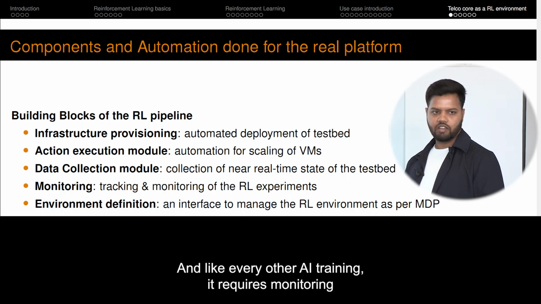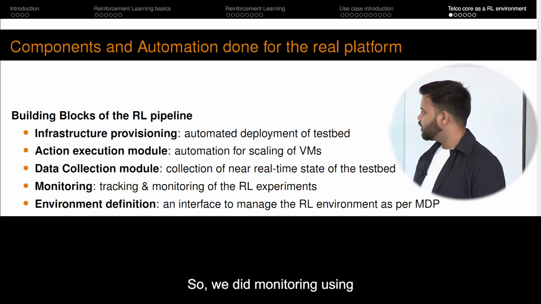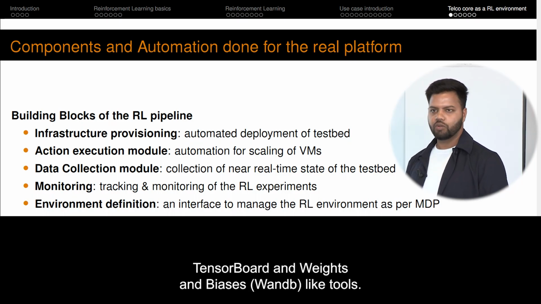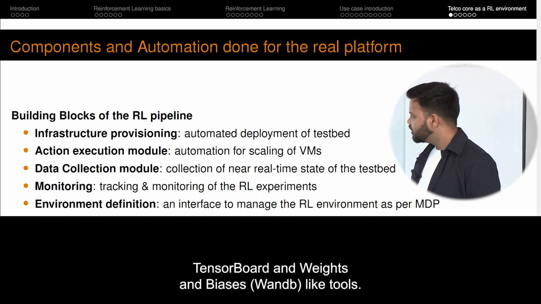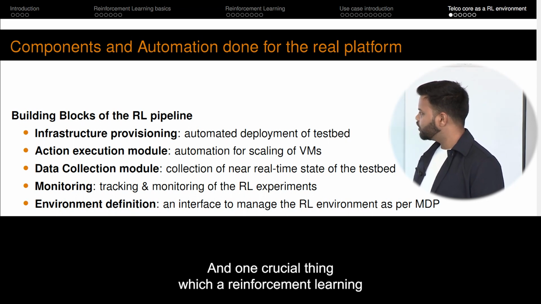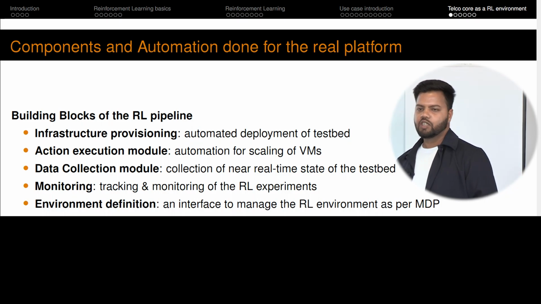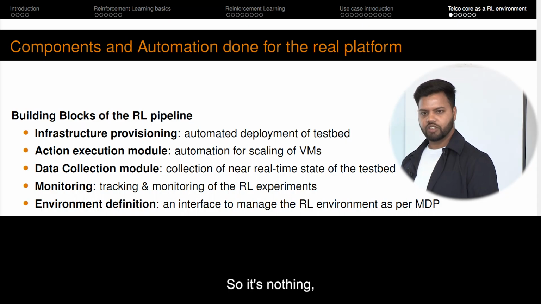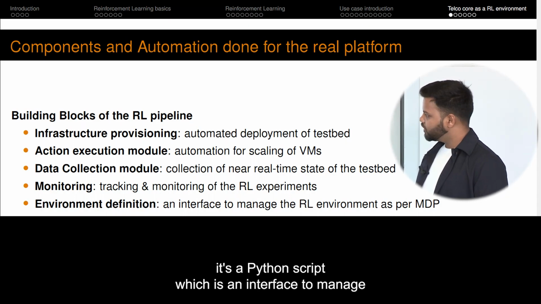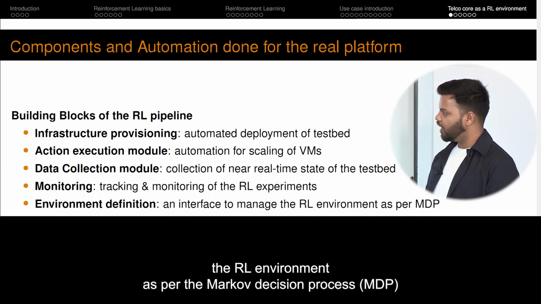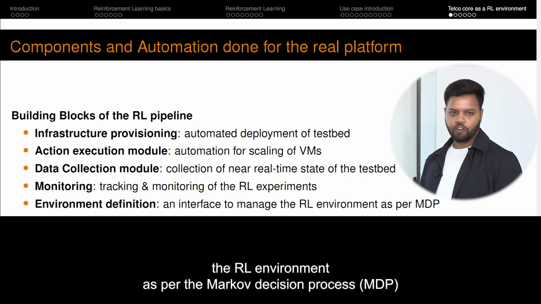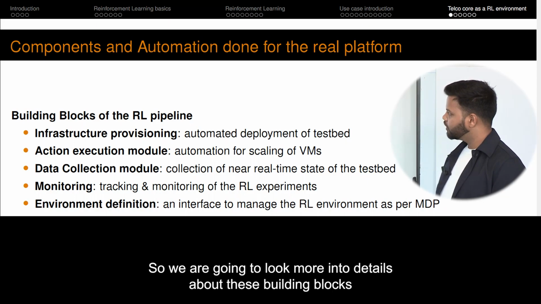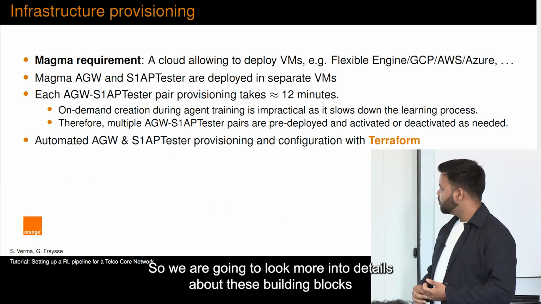And like every other AI training, it requires monitoring, so we did monitoring using tools like TensorBoard and Weights and Biases. And one crucial thing which a reinforcement learning problem should have is this environment definition. It's a Python script which is an interface to manage the RL environment as per the Markov decision process. So we are going to look more into details about these building blocks.